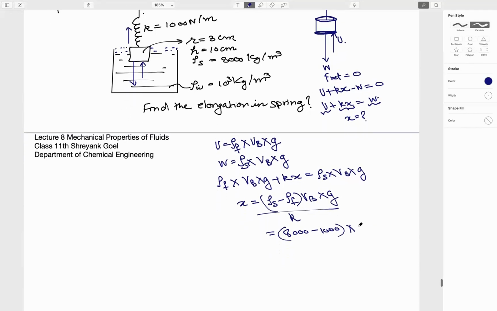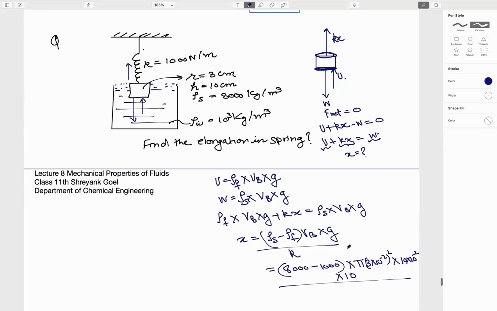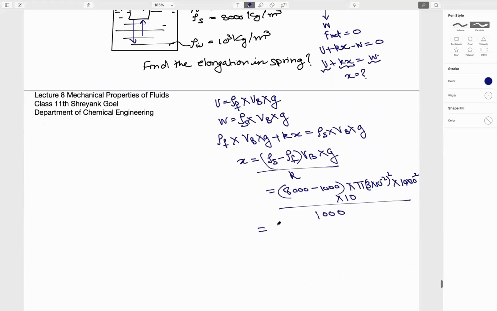Volume of block is pi r square h. Radius is 3 centimeter. So 3 into 10 to the minus 2 squared into h, which is 10 into 10 to the minus 2, into g, 10, divided by K. K is 1,000. That comes out to be 7,000 into 9 into pi into 10 to the minus 4 divided by 1,000.